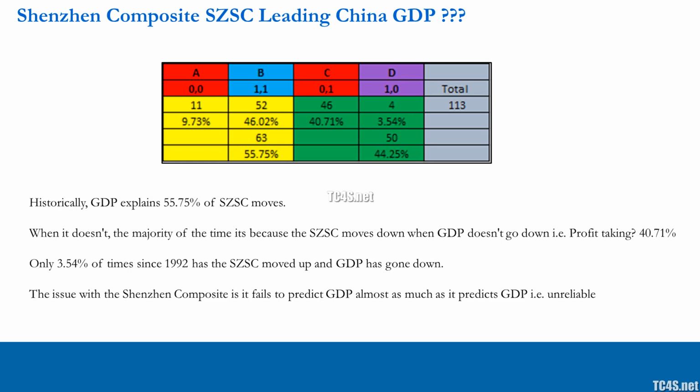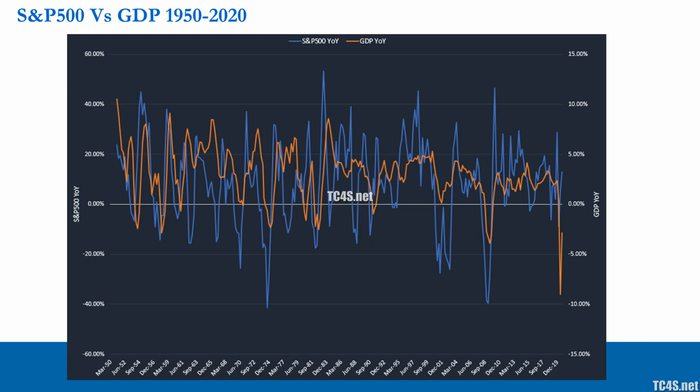Now, when it comes to the downloads and looking at our data visually, let's go back to the S&P 500 versus US GDP and look at the 1950 to 2020 data set. If we plot these two variables on a chart together, we can see visually that there's a pretty strong relationship between the two, okay?